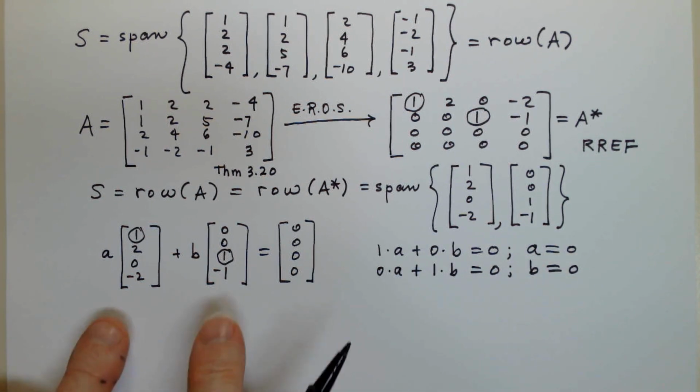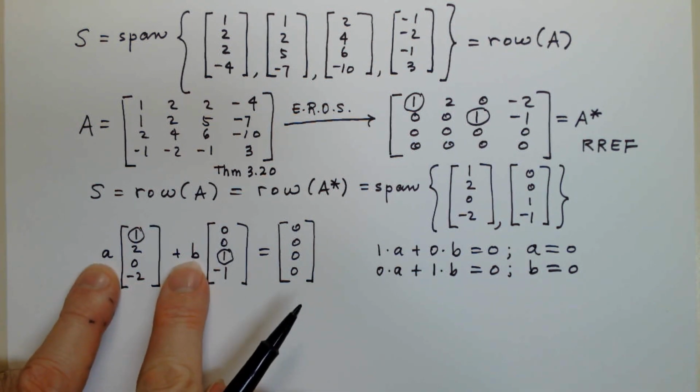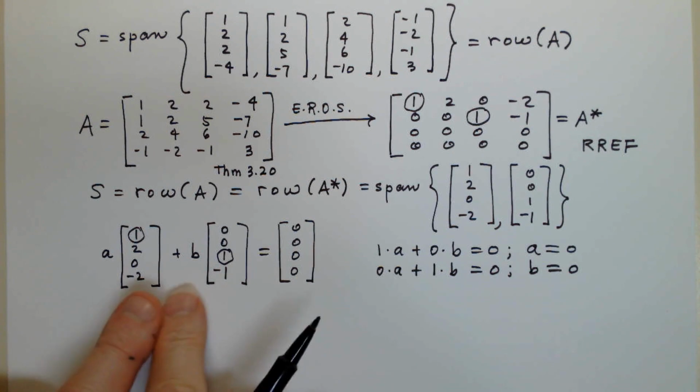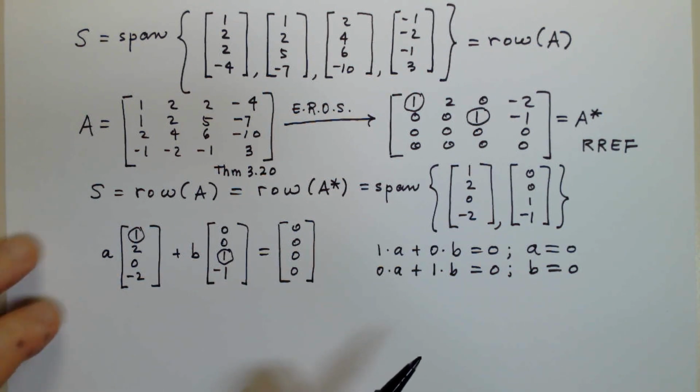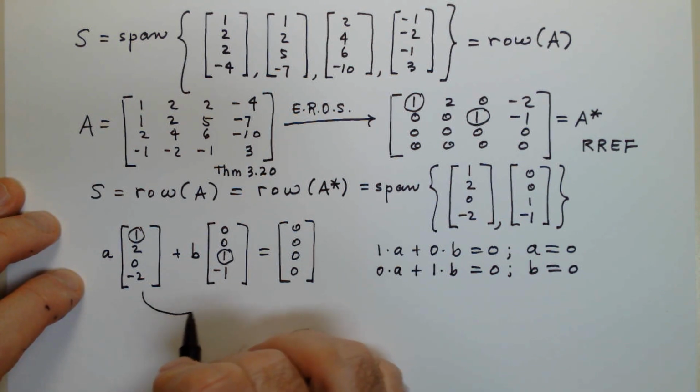And so I know that the only solutions to this equation correspond to the choice of A and B both equal to 0, and we call that the trivial solution. So the only solution to this equation is the trivial solution, and that means that these vectors are in fact independent.